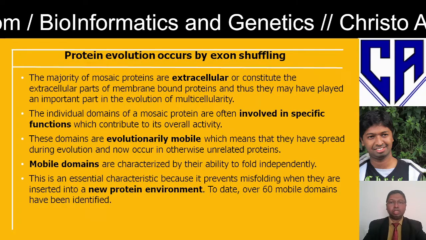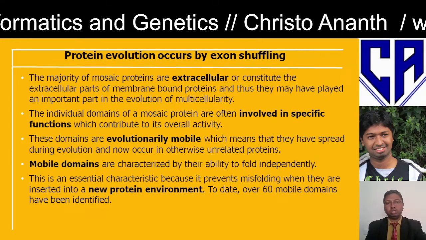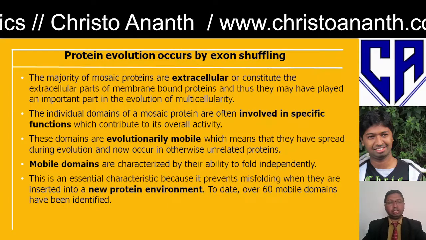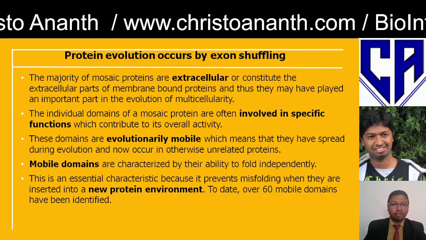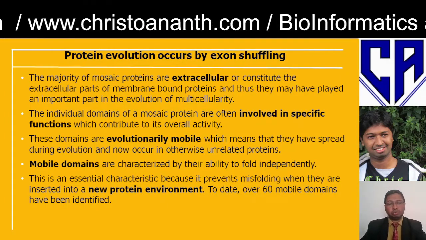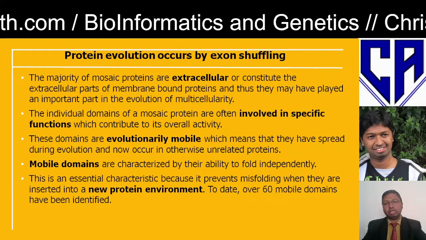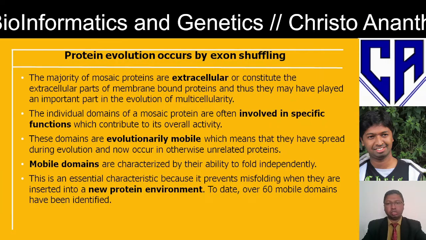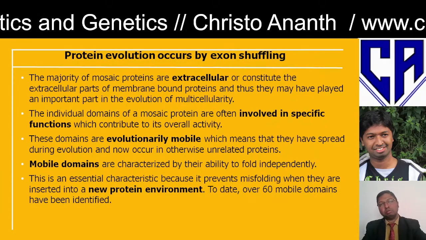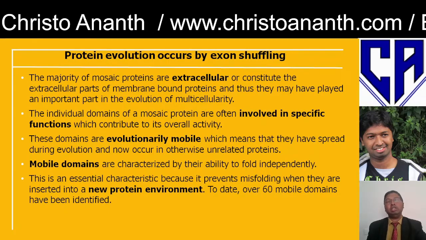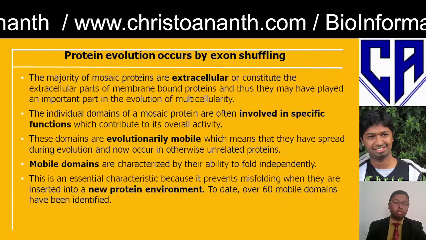Okay, so the individual domains of this mosaic protein are involved in specific functions, and since they are extracellular, they are evolutionarily mobile in nature. They spread during evolution, and it occurs in unrelated proteins as well. So you can say that these mobile domains are characterized by their ability to fold independently.